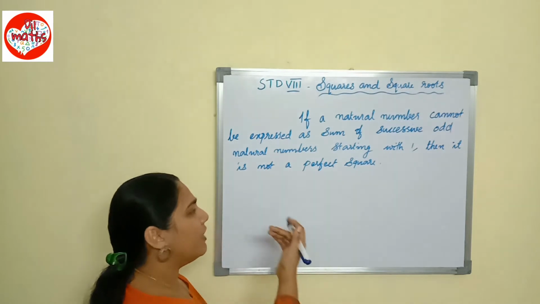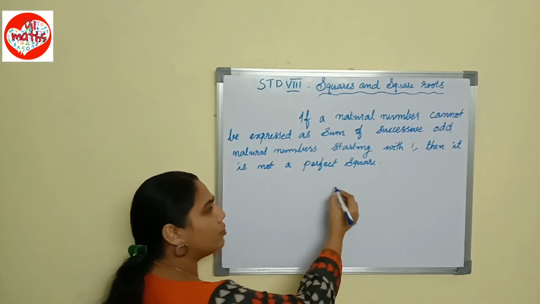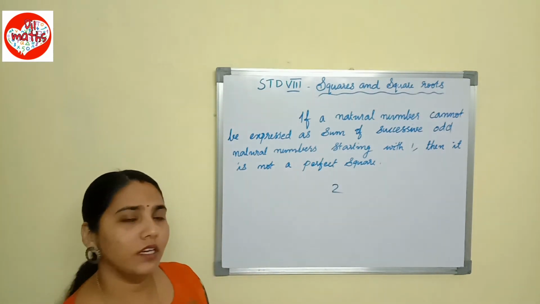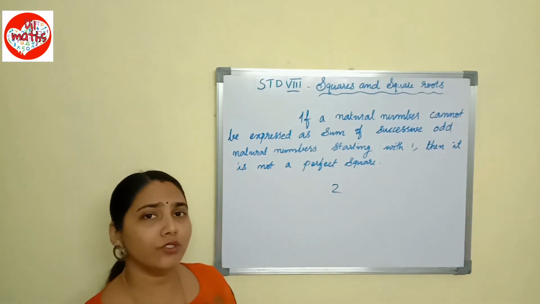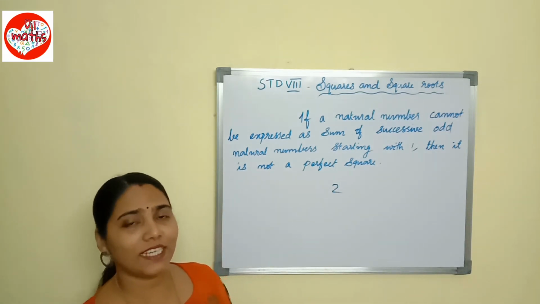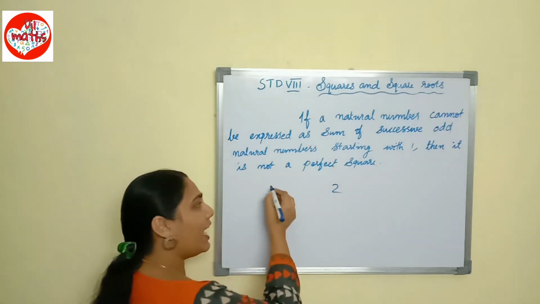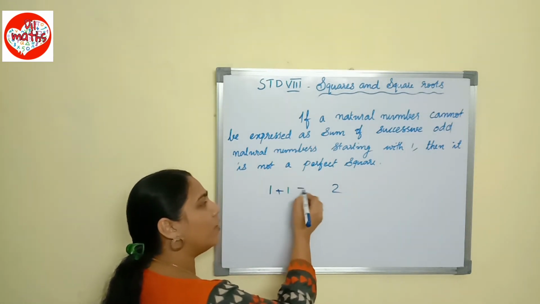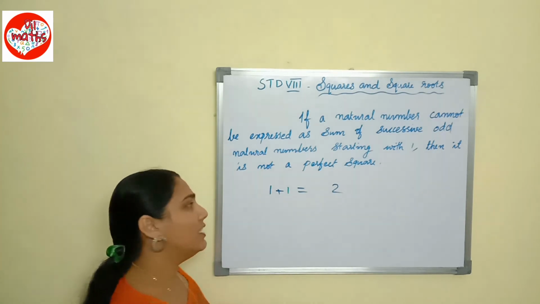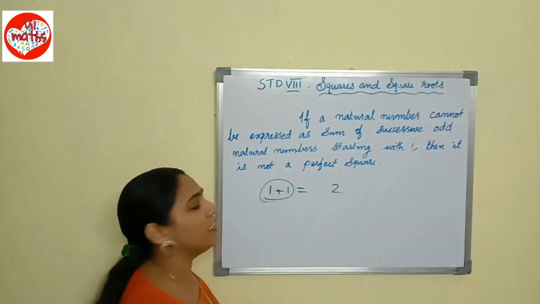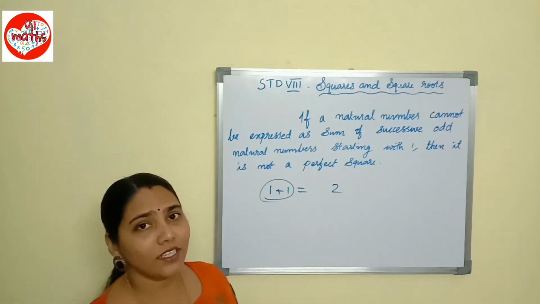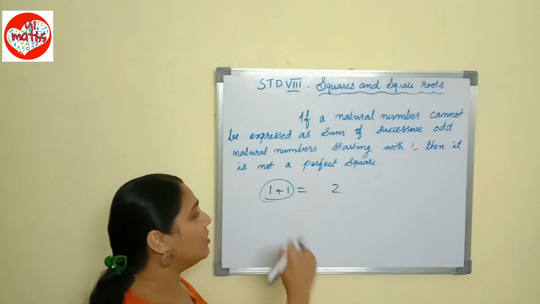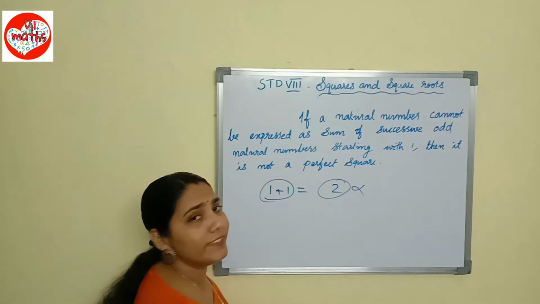That means if I am taking 2, can you express this as the sum of two consecutive odd numbers starting from 1? If you are adding 1 plus 1 only, you will get what? 2, isn't it? So it is not consecutive odd numbers. Okay, it is starting from 1, but it is not consecutive odd numbers. So it is not a perfect square.